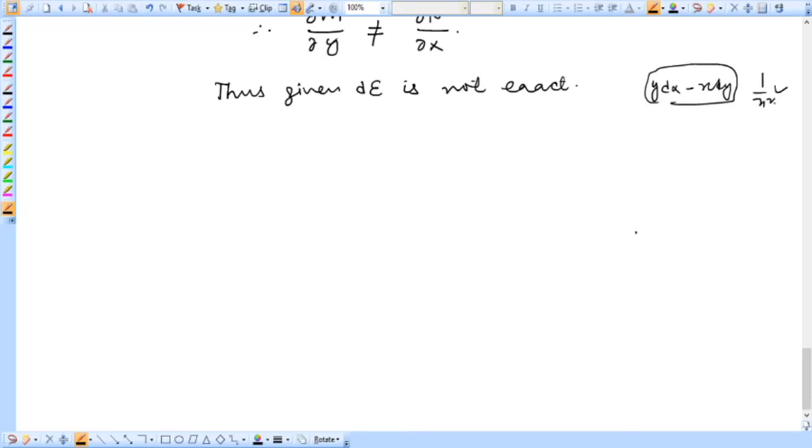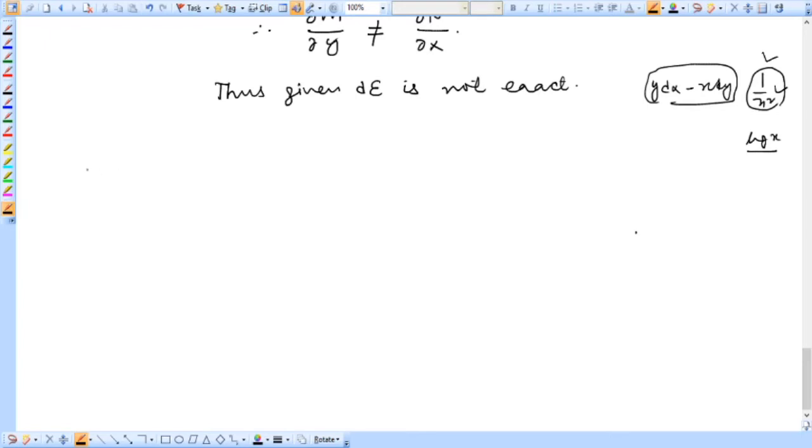Also, why are we taking only 1 over x square, why not 1 over y square or 1 over xy? Because there is one more term in this expression, that is log x, which is also a function of x, so we will be able to integrate the last expression of this equation and get the solution of the given differential equation.